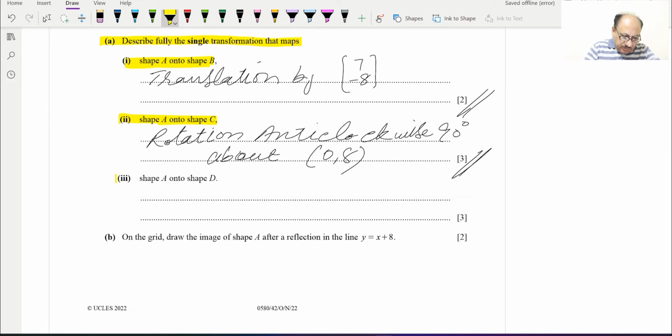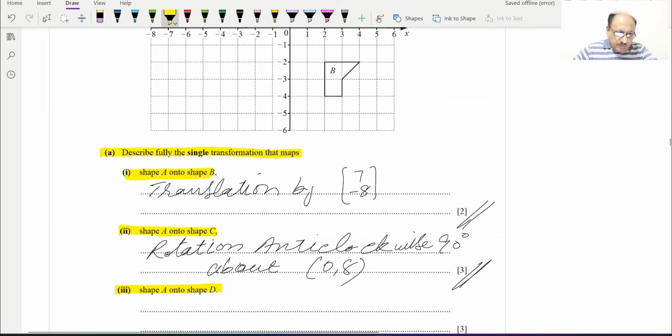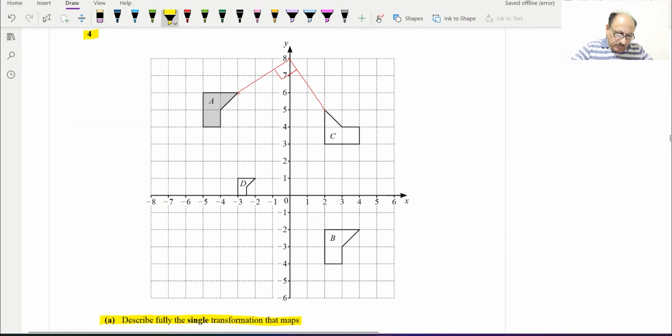Now for part 3, shape A onto D. We can draw the vertices of the shape like this. Whichever vertex we draw, it will join at this one, which has coordinates -1 and -4, and the shape is reduced.